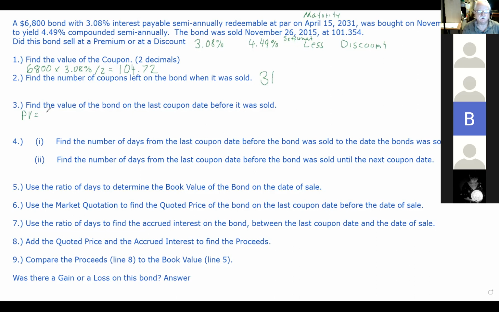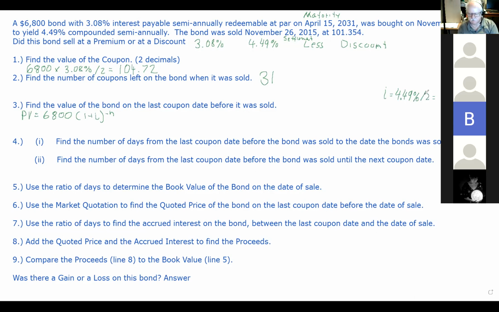Present value equals 6800 times 1 plus i to the power of negative n. And we need to figure out some numbers here. i is the market rate, so 4.49% divided by 2 because it's semi-annual.